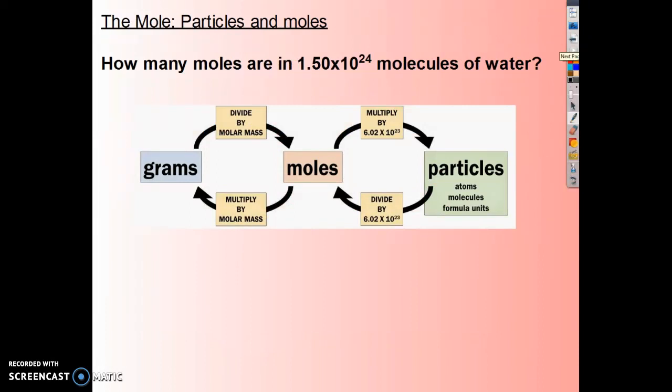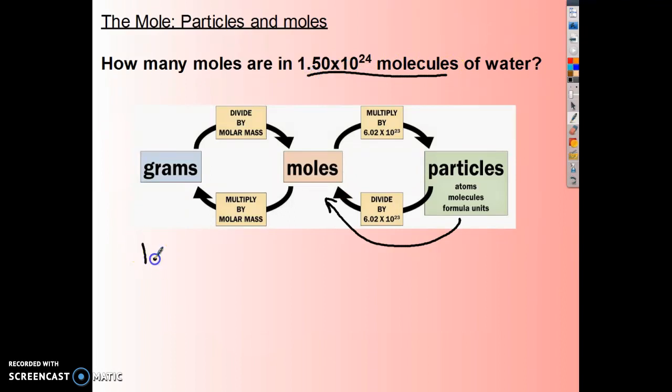Alright, so we can also use this flowchart to remind us of how to do conversions between moles and particles. We're starting out with 1.5 times 10 to the 24th molecules, and it's asking us how many moles this is. We're starting with the particles, the molecules, and we need to go to moles. That tells us that we need to divide, which makes sense, because we're going to take the number of molecules we're given and divide by the number of molecules in a mole.